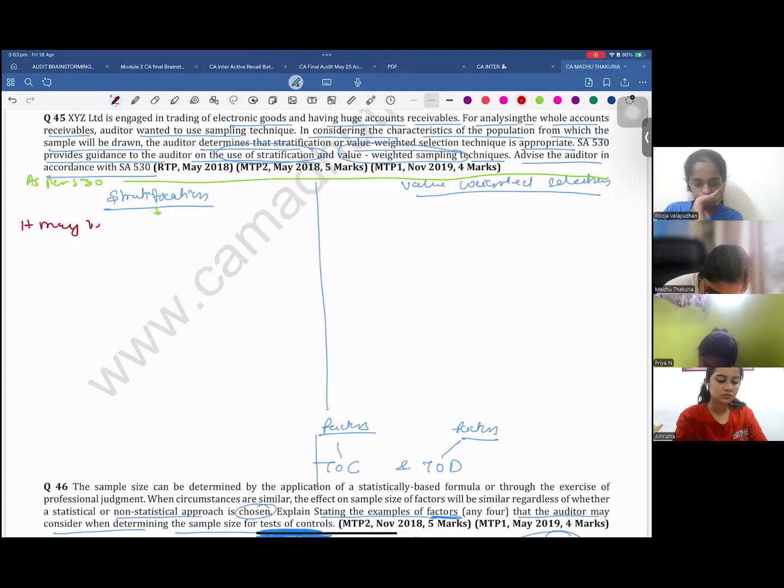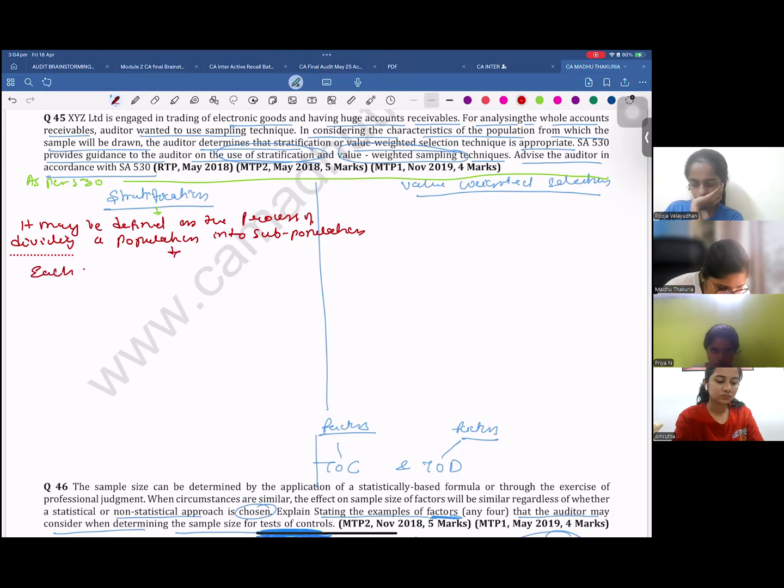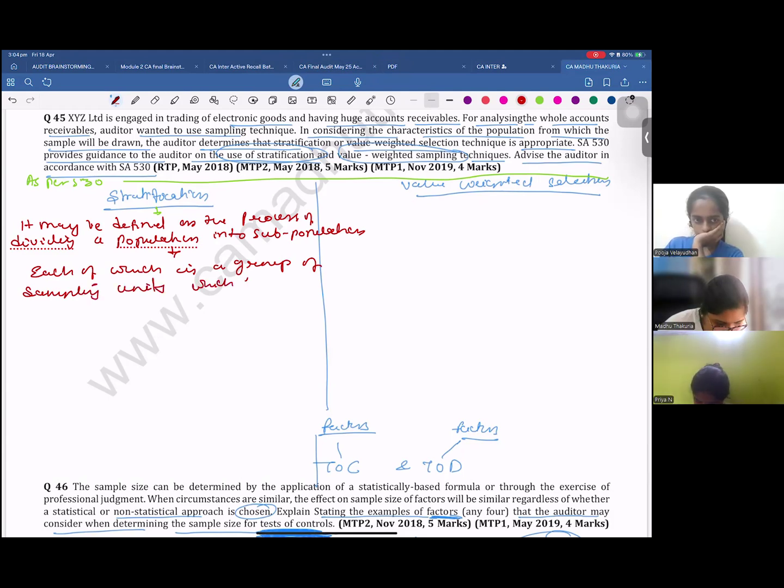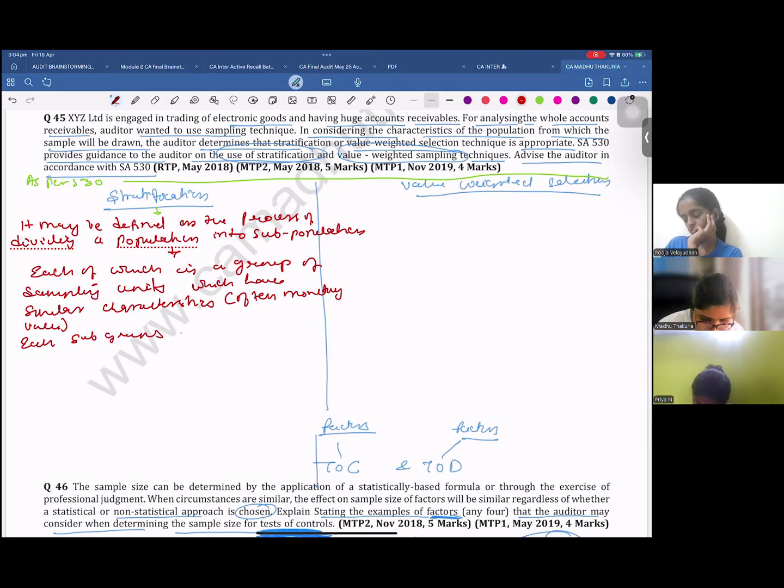It may be defined as the process of dividing a population into sub-populations, each of which is a group of sampling units which have similar characteristics, often monetary value. Each subgroup is called a stratum.